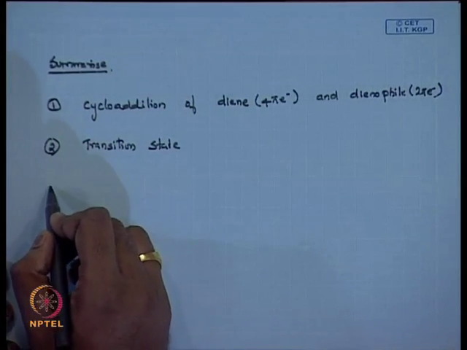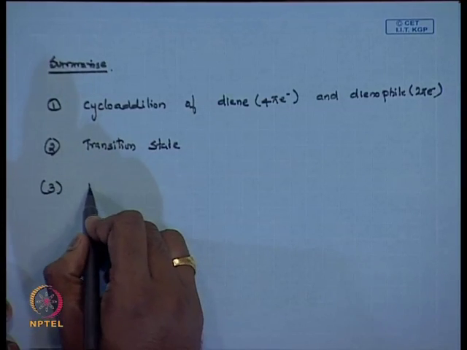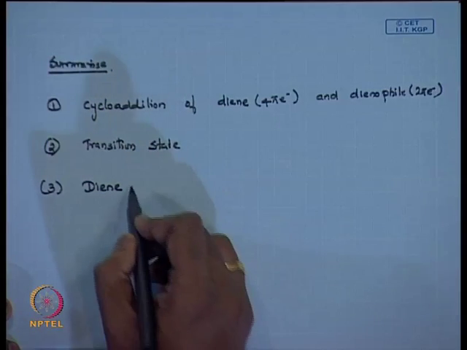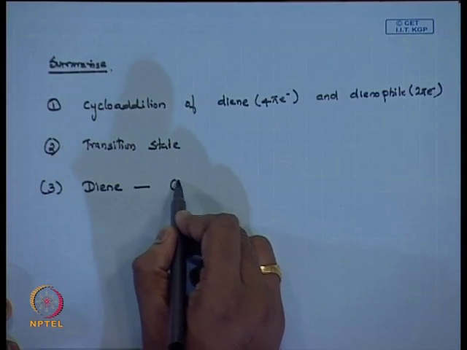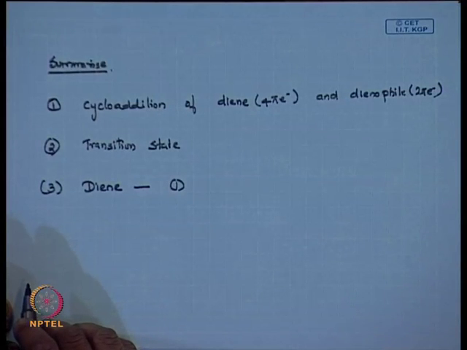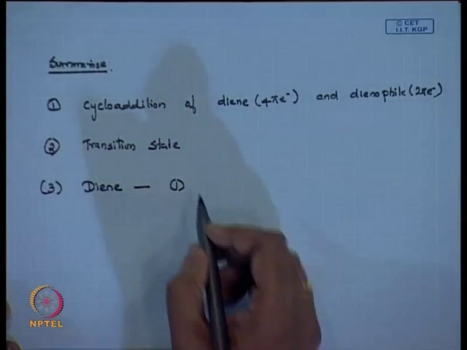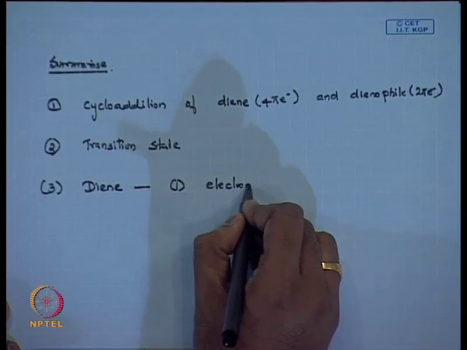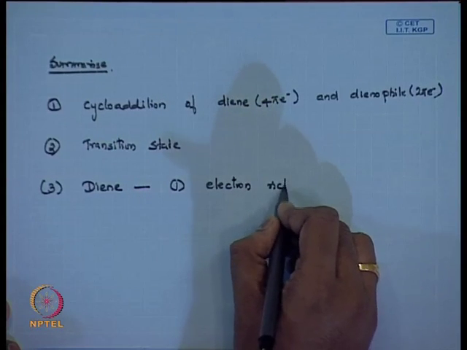Then we went to the third important part. We understood this about your diene. We set up two conditions. We found two conditions are necessary for a diene to do a Diels-Alder reaction. One, it should be electron rich.